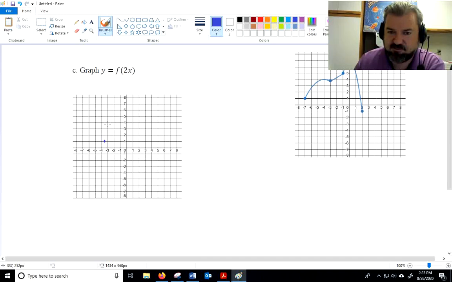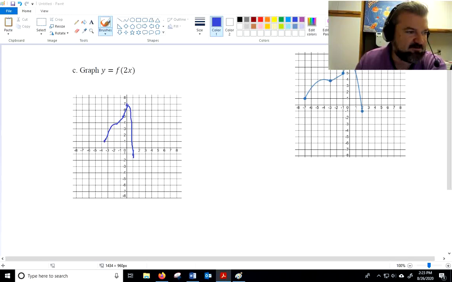So -1.5 right there. The -1 will become -0.5. And then the 0 will stay 0. So same stuff's happening, it's just happening quicker, right? Because it's been compressed. And then 2 divided by 2 is 1, so now it's going to be like this. That's your horizontal compression.